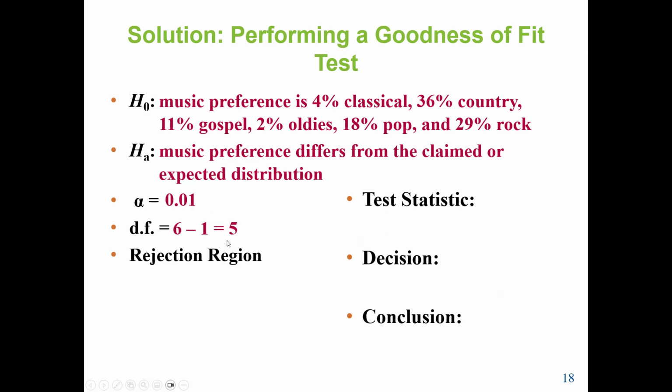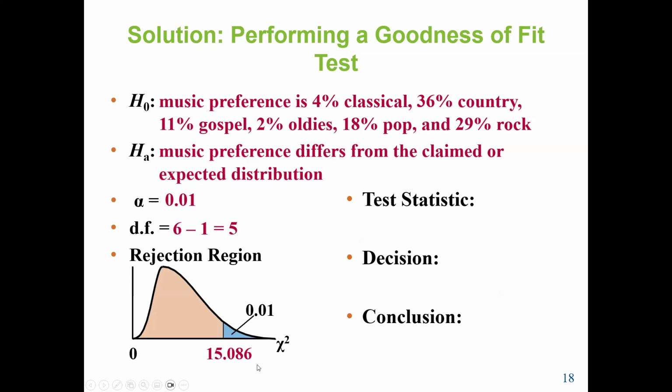Next, we already know the alpha value is given to us to be 0.01. To find the degrees of freedom, which is DF, we know the number of categories, which is 6 minus 1. That gives us 5. Then from here, we can use the table to find the critical value. So using the table in our textbook, table B, we will get 15.086.